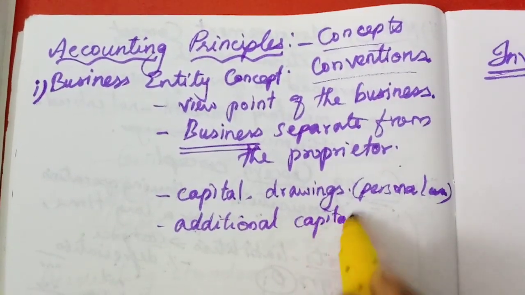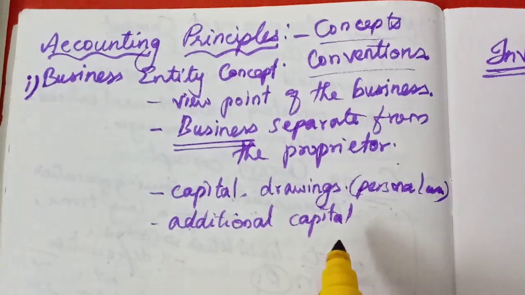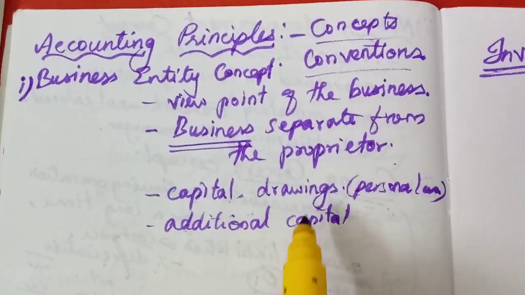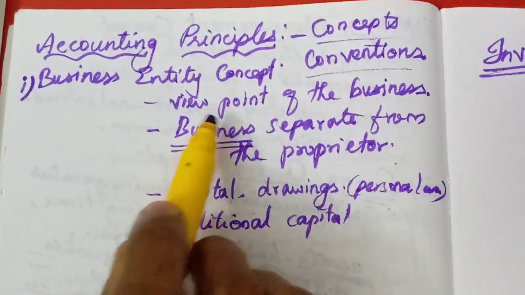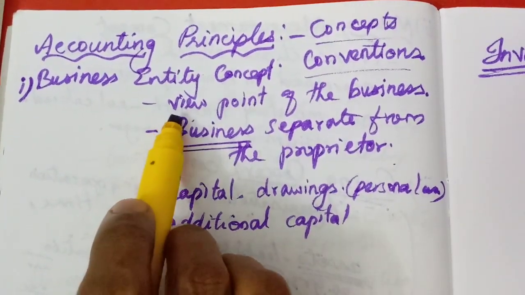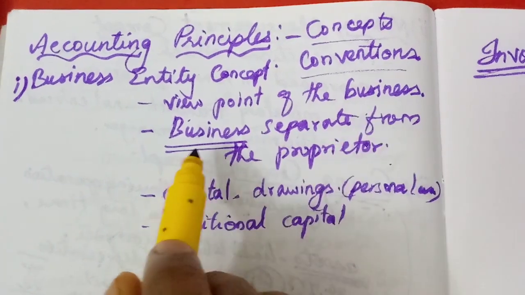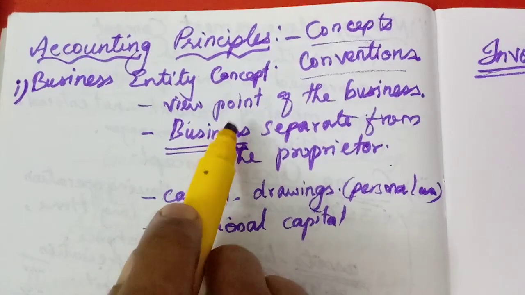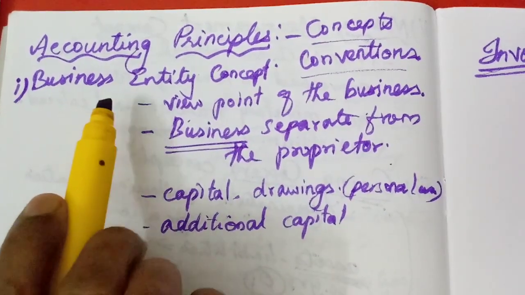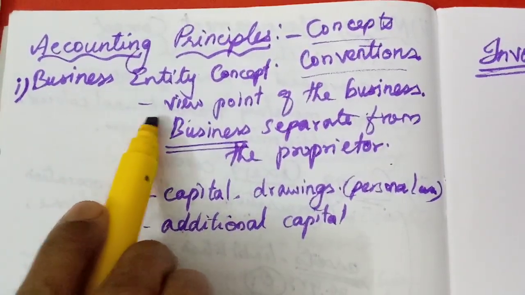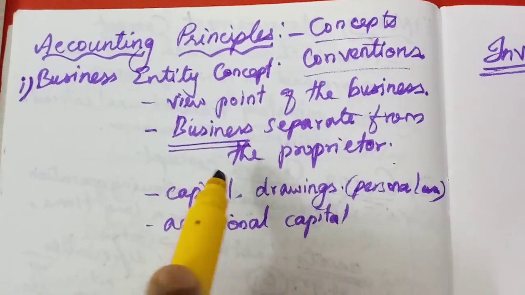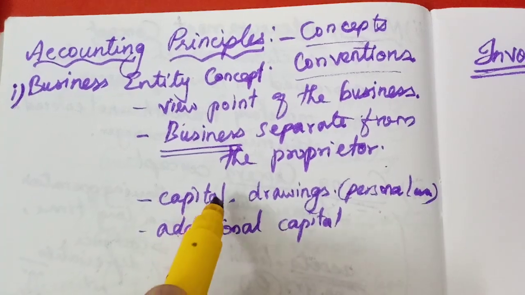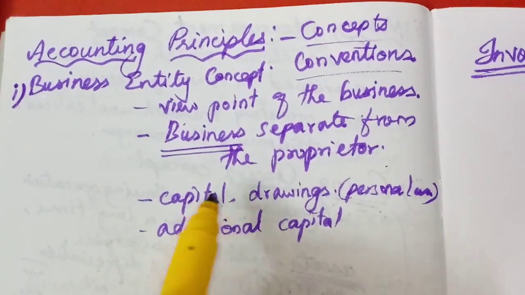If any additional capital is introduced in the business, that also should be entered in the books of accounts. So all the transactions are entered from the viewpoint of the business, because as per this concept, the business is considered separate from the owner. But the amount invested by the owner is considered as capital, because that amount should be returned to the owner by the business.